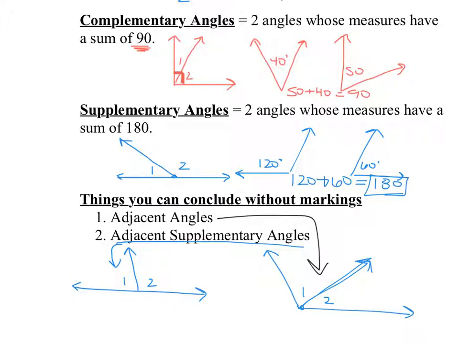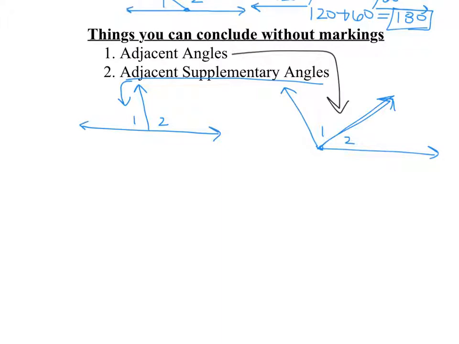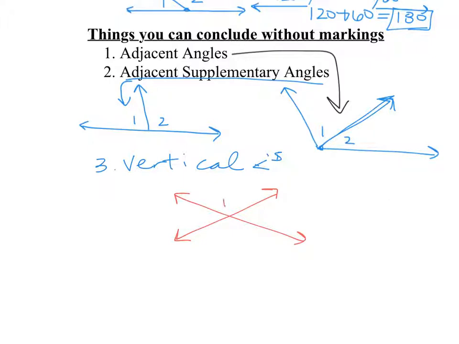The third thing that you don't need markings for, and I have to go to a different page for this. Well, let's go back then. We'll just write it down. So number 3 is vertical angles. So for this one, I can just look at a picture like this. 1, 2, 3, and 4.